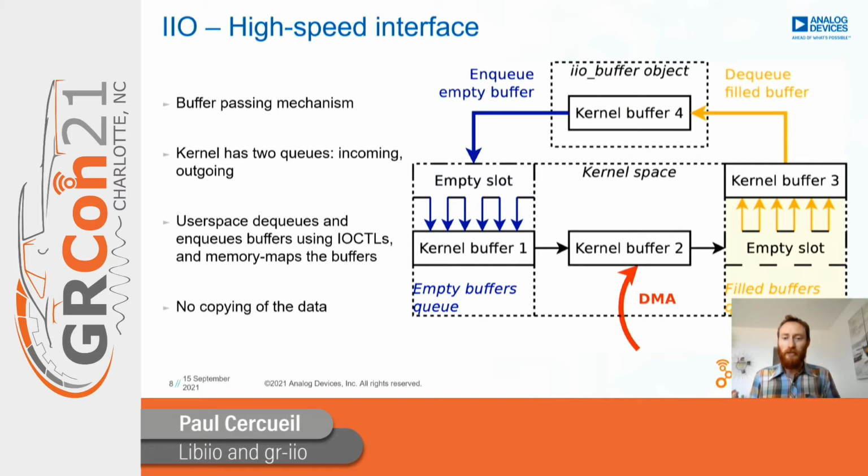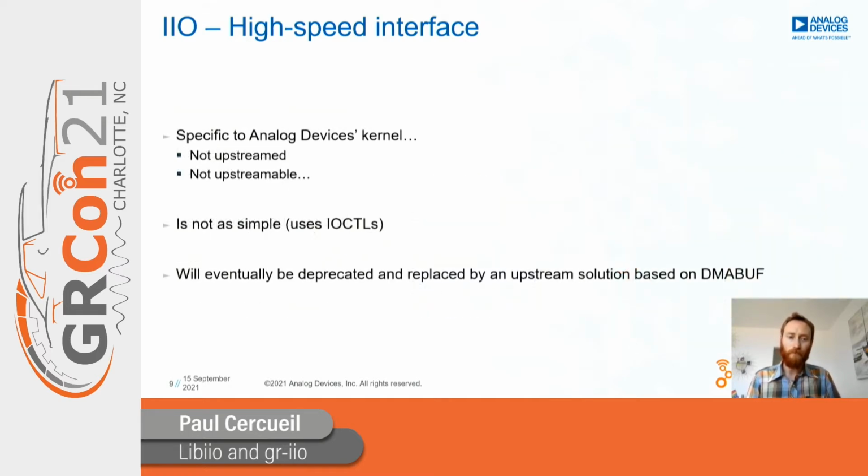And then the application on the other side, in user space, is going to dequeue the buffer of samples, read the data, process the data, do whatever it needs to do with the data, and then once it's done, just enqueue it back to the incoming queue of the kernel. And in this scheme, there is absolutely no copying of the data.